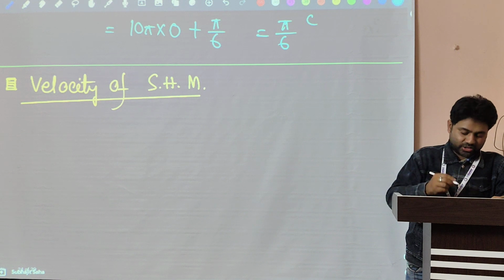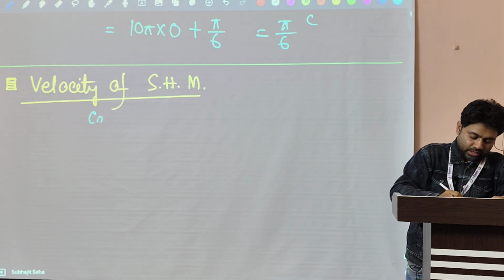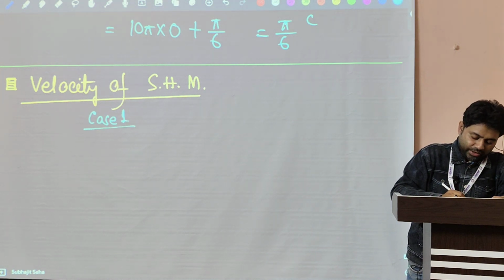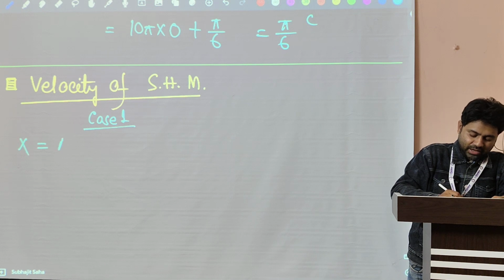Here we will discuss two cases. Case 1, when the displacement of a particle is given by the a sine omega t form.